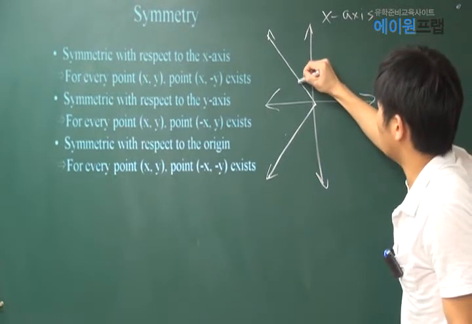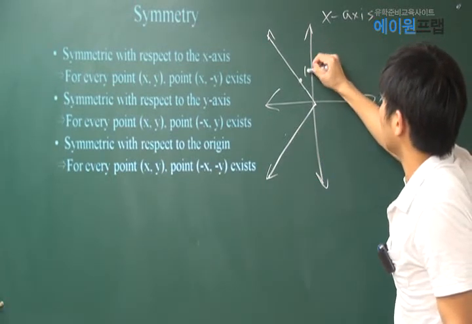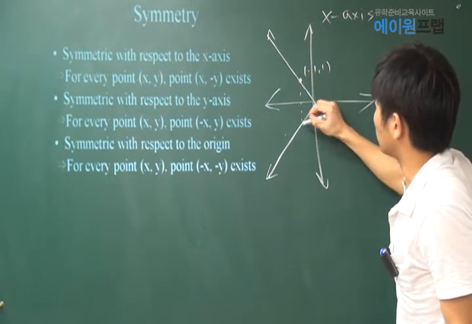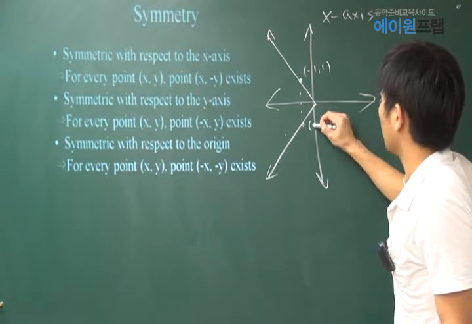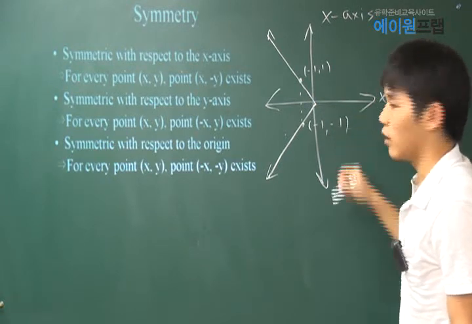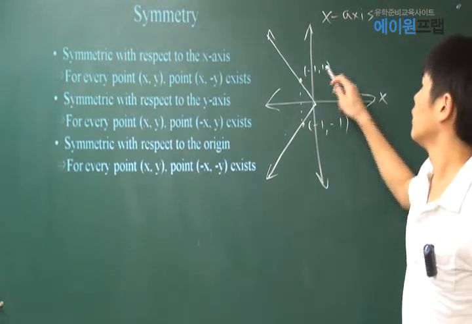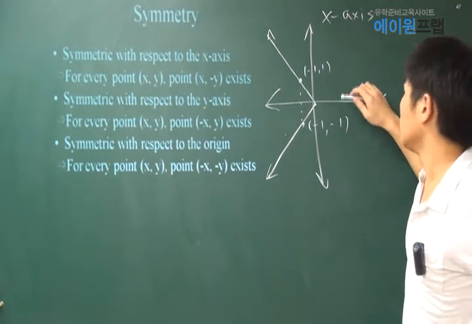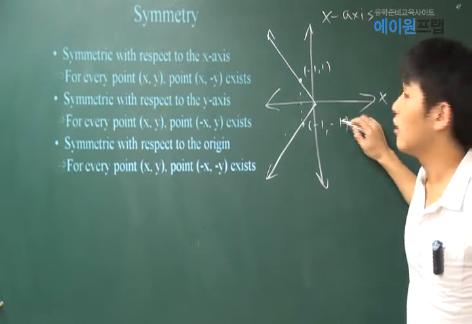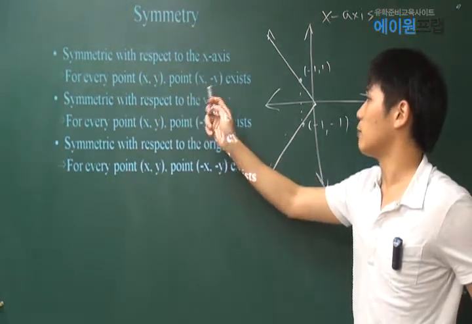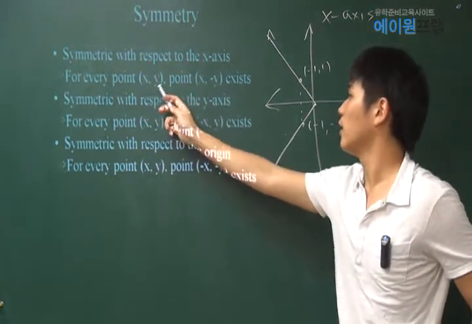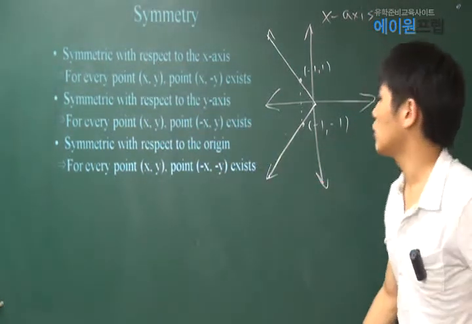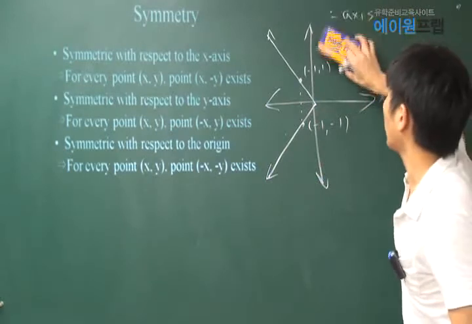Let's pick a point here and call this (negative 1, 1). Since it's symmetrical, this point should be (negative 1, negative 1). If you look carefully, the x value stays the same, while the y value inverts in its positive and negative sign. And that is why we say symmetric with respect to the x-axis, that (x, y) changes into (x, negative y).